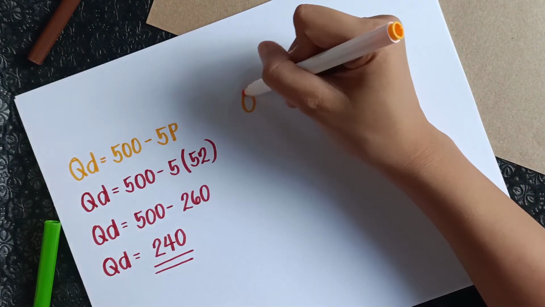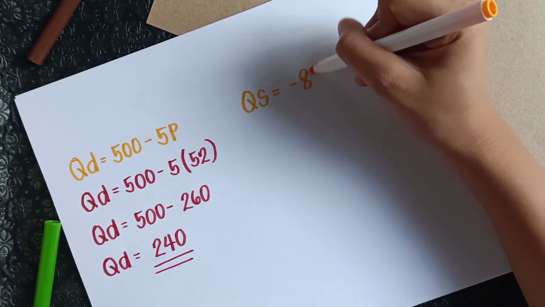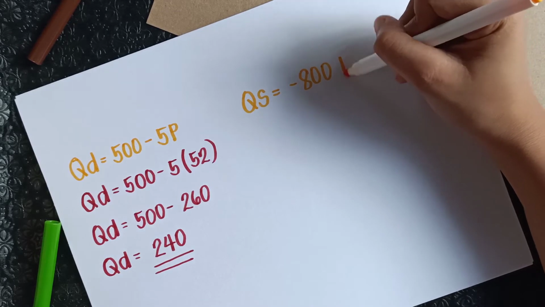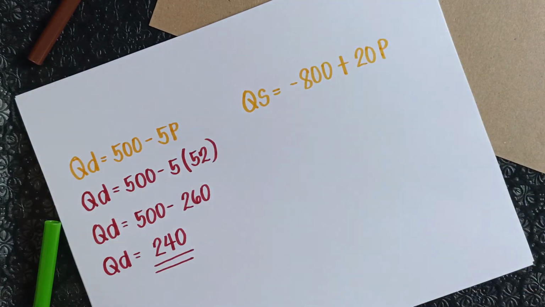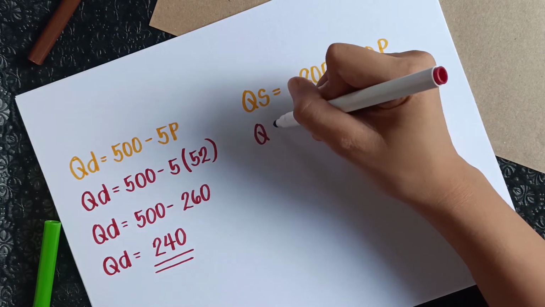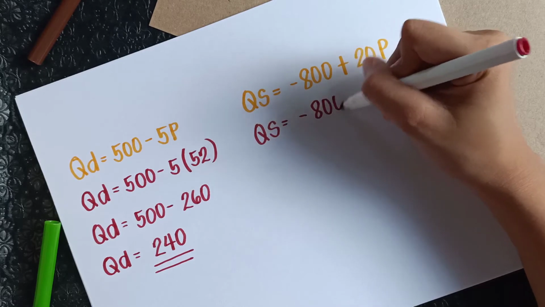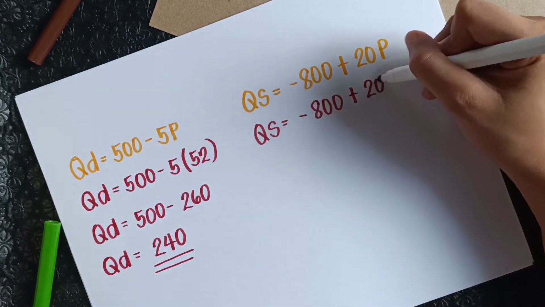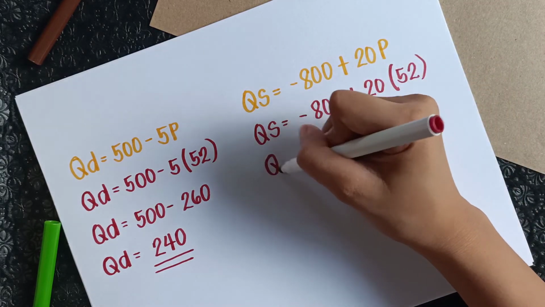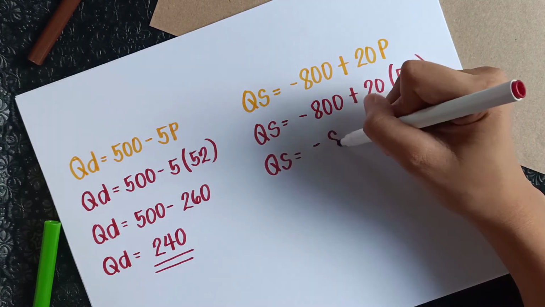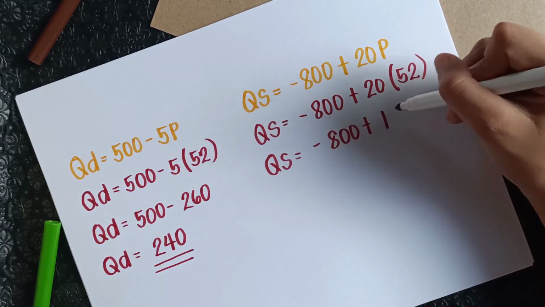We now go to our supply function. Again, QS is equal to negative 800 plus 20P. We substitute 52 to our price here in the supply function. Negative 800 plus 20 times our price, which is 52. So QS is equal to negative 800 plus 1040.